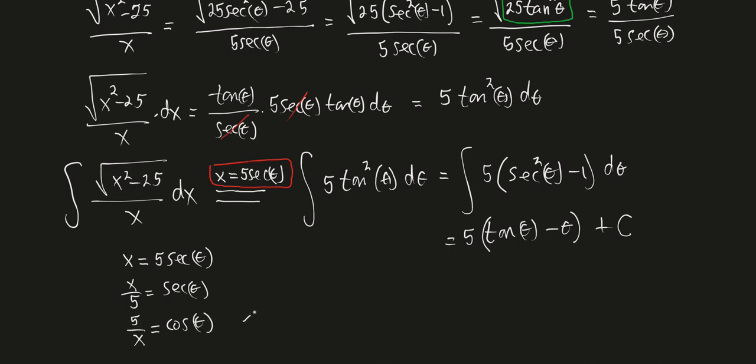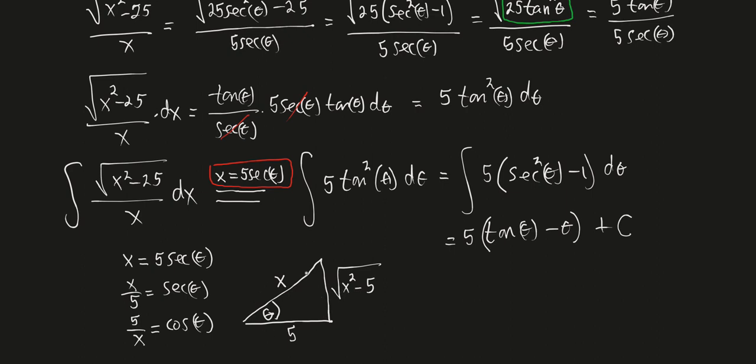So let's draw the right triangle, right? And it turns out it's the same right triangle that we started with that led us to this. We're going to use that triangle to reverse our substitution. So cosine we know is adjacent over hypotenuse, and then if I figure out the missing side, it's the square root of x squared minus 5.